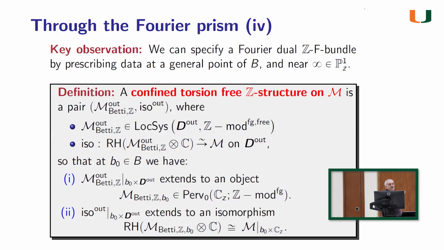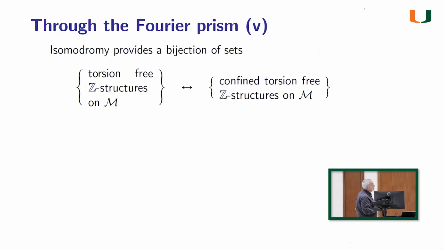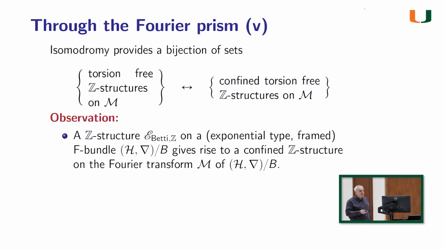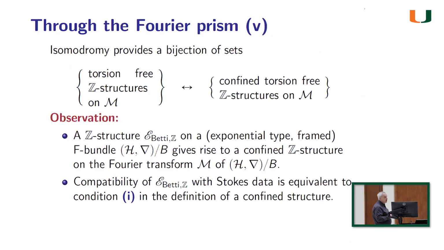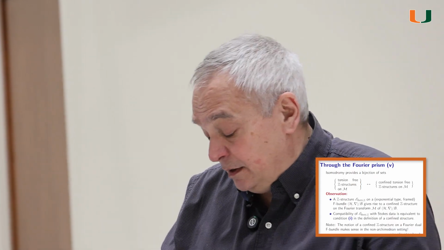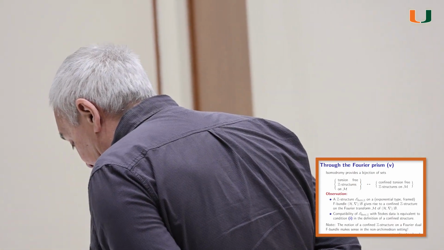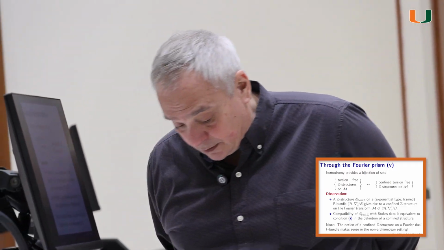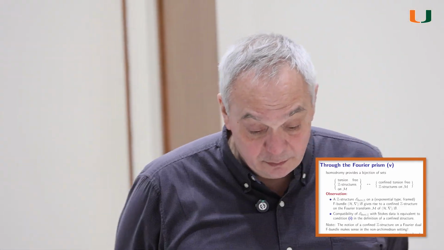So in the C-analytic context, it just says that the integral structure we specified near infinity is preserved by the global monodromy for the Fourier dual F bundle. That's because everything is regular now. That's a much easier condition to state and check than the compatibility with Stokes data. And this, by the way, can be made precise and rigorous in the non-Archimedean context, and that's what we are going to be doing.